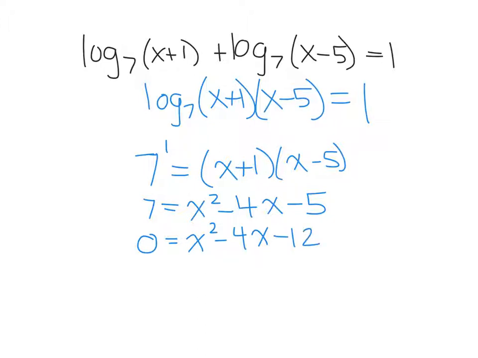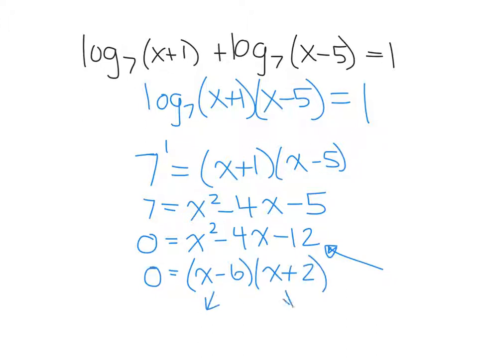And then I'm going to check if I can factor this, because I think that's the only way to solve this quadratic here. So anything that multiplies to negative 12 and adds to negative 4, I'm thinking 6 and 2. (x minus 6)(x plus 2), that works. So then x is equal to 6 and x is equal to negative 2.